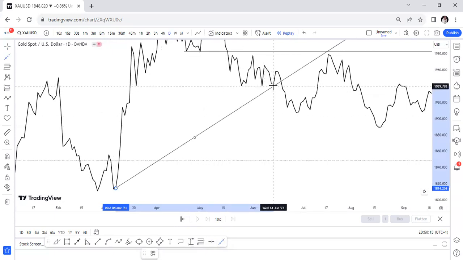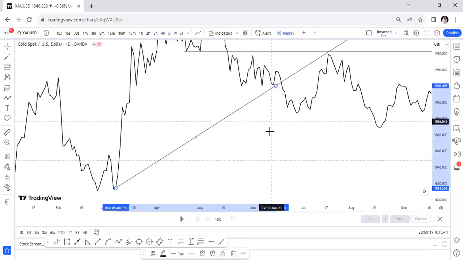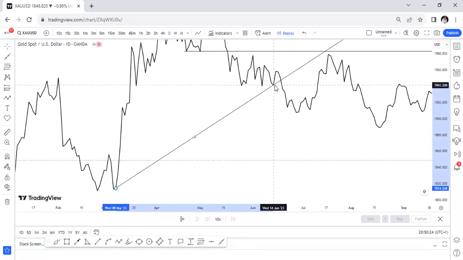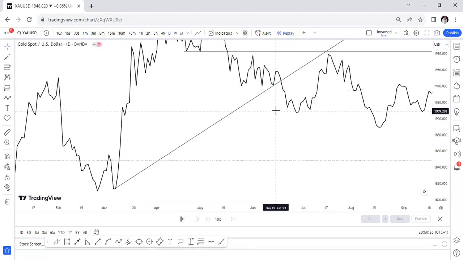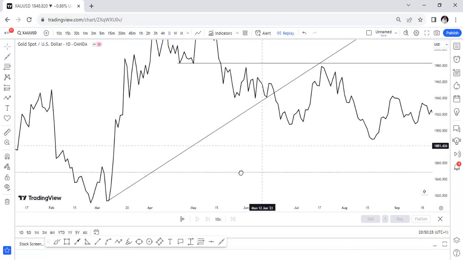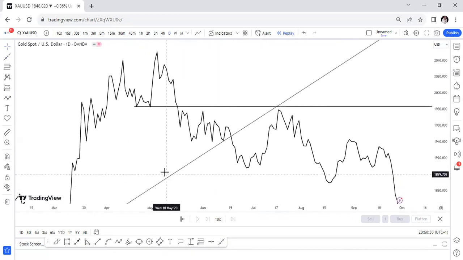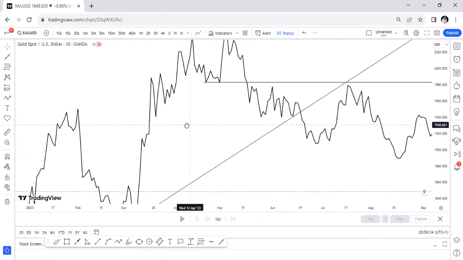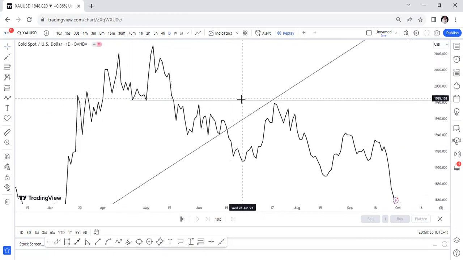Connect it with this. Connect to this. Let it touch. Yes or no? The support level. Right? Wow. Wonderful. Can you see the connection? This X. This X. This X.